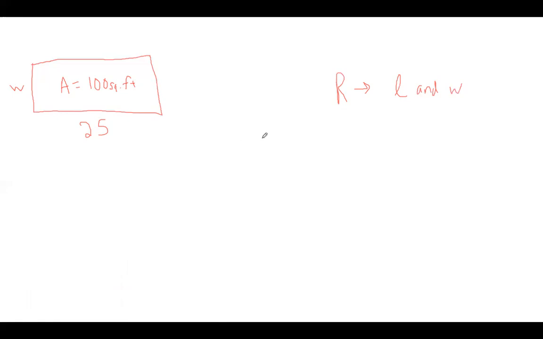So we should look at our GED formula sheet. And when we do, we're going to see that the area of a rectangle is equal to length times width. So basically, with this, we know that 100 is equal to 25W.